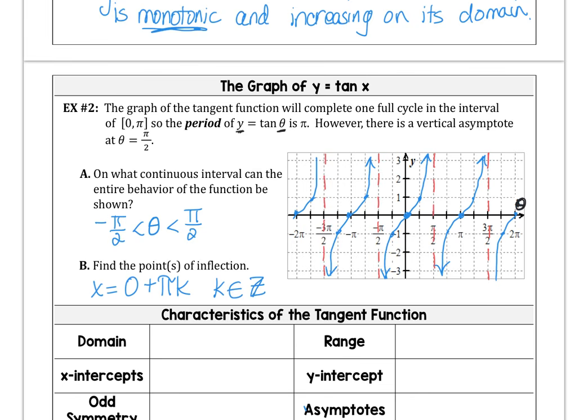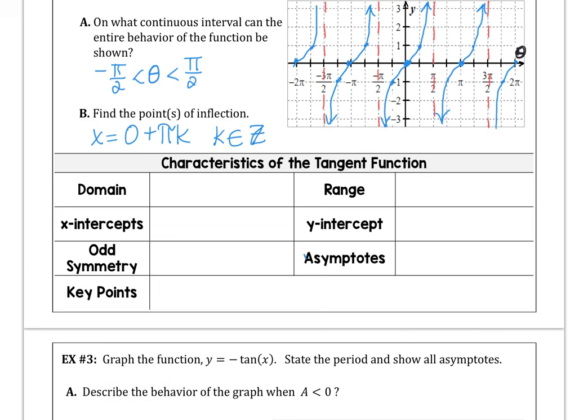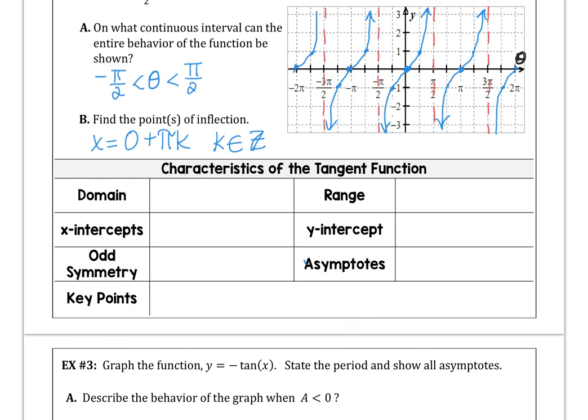Let's look at the characteristics next. The domain of tangent is going to be b, where the argument bx is not pi over 2 plus every pi k intervals, where k is an integer.